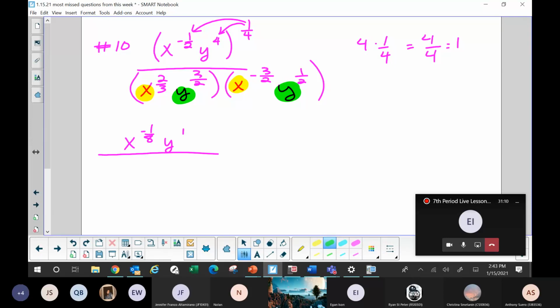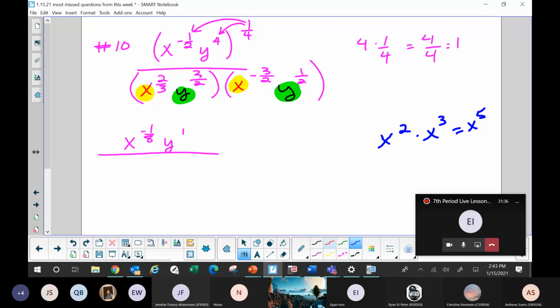That goes back to, let's say, x squared times x cubed, which gives you x to the 5th power. Same concept here, except you're adding fractions. Instead of 2 and 3, we have 2/3 and negative 3/2. This is where the calculator is very beneficial.